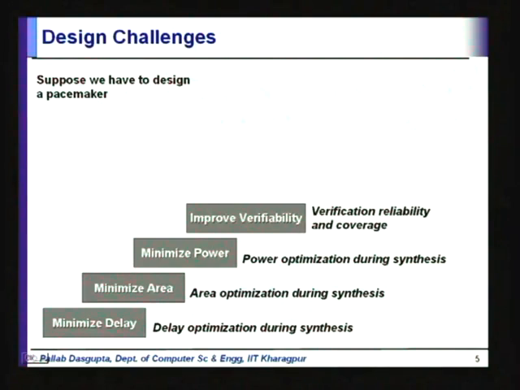The next thing is to improve the verifiability. See, we have gone from chips which had a few gates to a few thousands of gates to a few millions of gates to a few billions of gates, and we are still growing. Now, what is happening is that the amount of time that is spent in verification of these designs is growing exponentially, because most of the verification problems are not tractable problems.